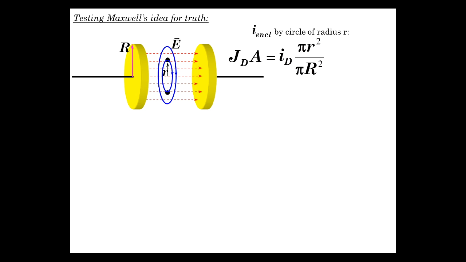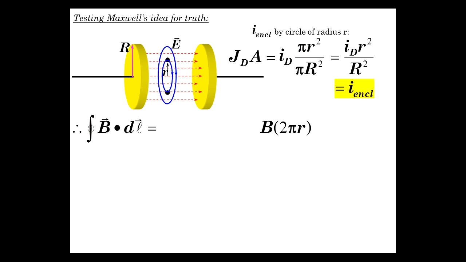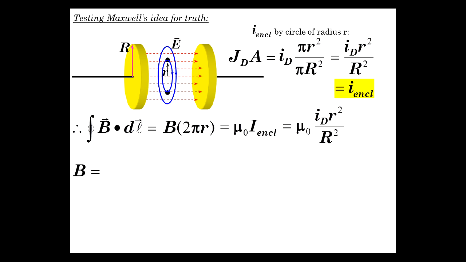So pi r squared over pi R squared times I displacement gives I_D r squared over R squared. That's I enclosed. Now, the closed line integral of B dot dl is B times 2 pi r, which equals mu 0 I enclosed, which is mu 0 I_D r squared over R squared. So what's B?